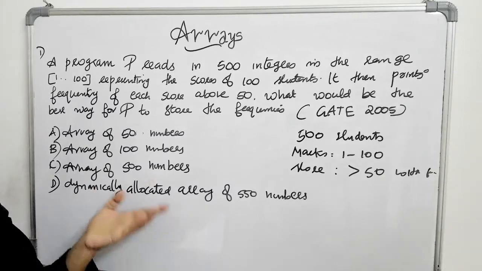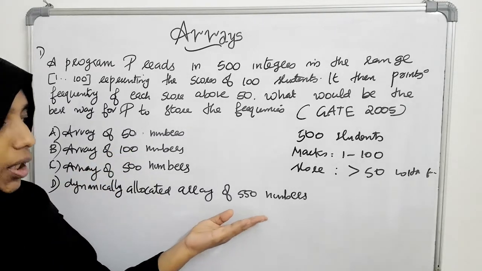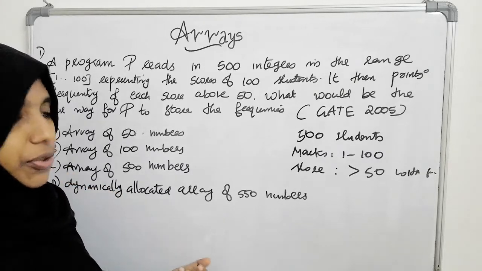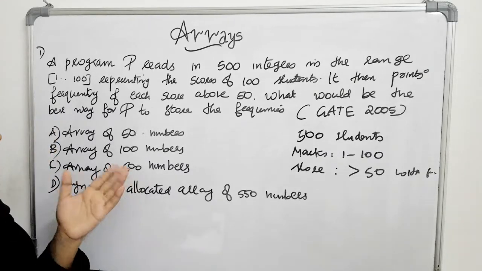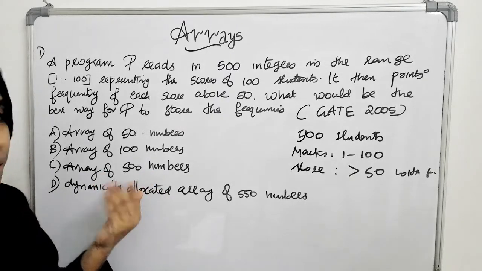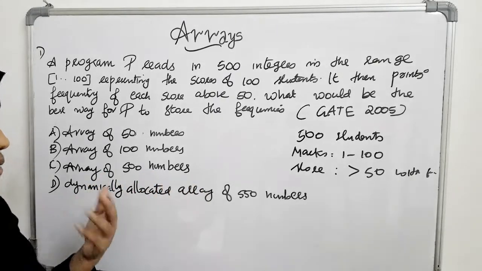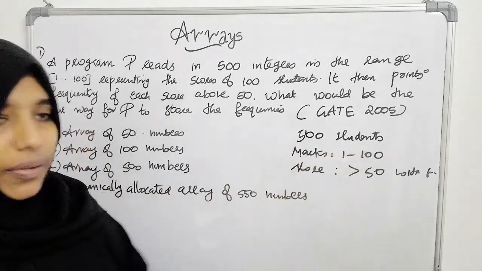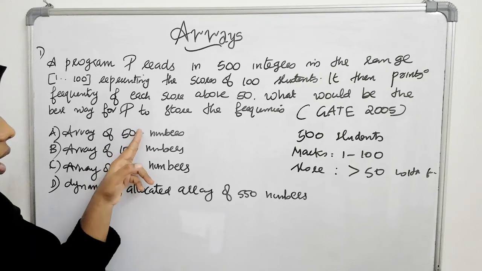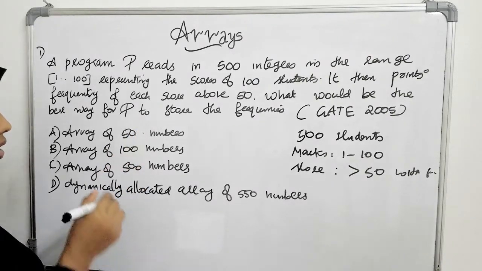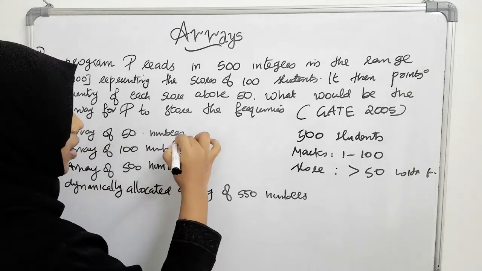If there are 550 numbers, we can store the individual marks and frequencies. If there are 500 numbers, we can store the individual marks and the frequencies can be somehow calculated. If there are 100 numbers, all the marks between 1 and 100 can be stored, and another option is 50 numbers. So I'll give you the correct answer. The correct answer is an array of 50 numbers.